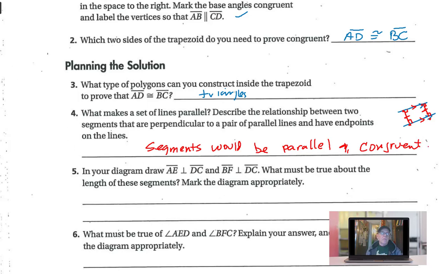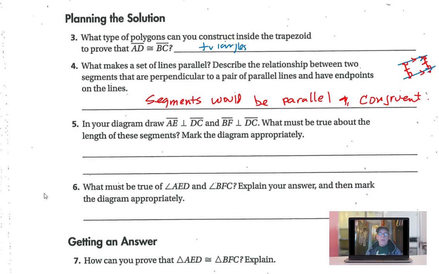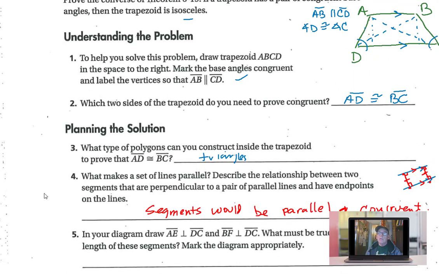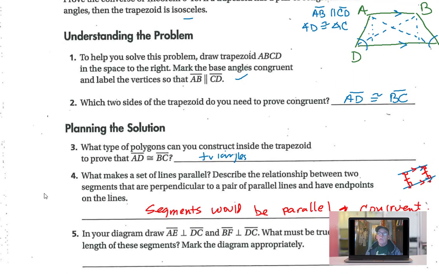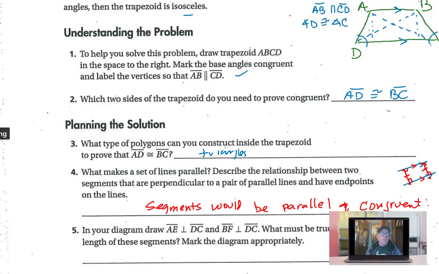Okay, let's see what's up with number 5. In your segment, draw AE perpendicular to DC. So that's point E, and it's going to be perpendicular. And draw BF perpendicular to DC.